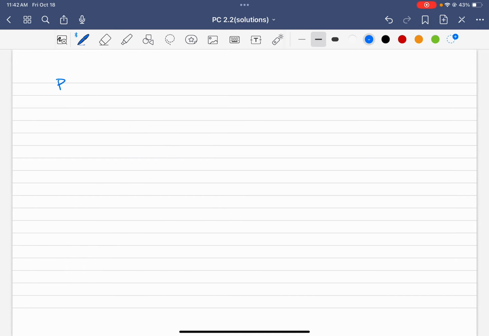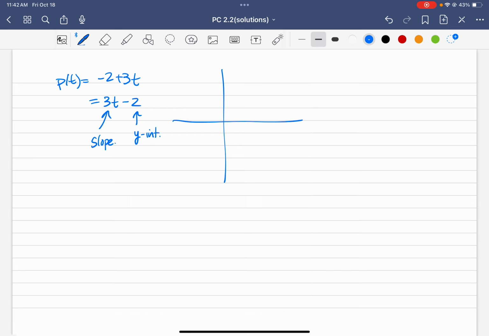49, it tells me that P of t is equal to negative 2 plus 3t. It says to graph. Well, the first thing I notice is that I could write it like this. So if I have to graph it, this is the y-intercept, and this is the slope. So that means my y-intercept is going to be down here at negative 2. So the point 0, negative 2 is going to be on my graph.